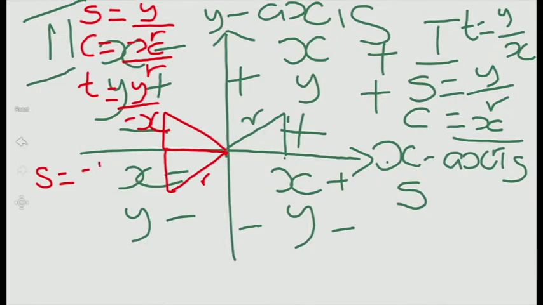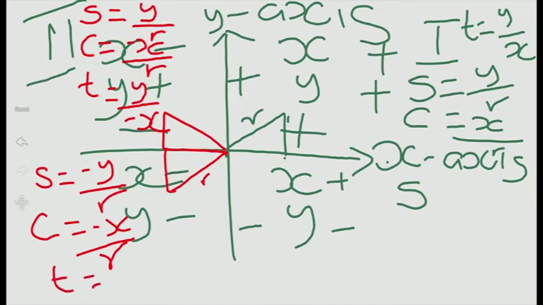So we have negative y over our r, which is positive. This is telling us that the sine ratio is negative. We move to the cosine. The cosine is adjacent over hypotenuse. The adjacent here is the change in x. Our x value is negative, which means we have negative x over r. Our cosine is negative.